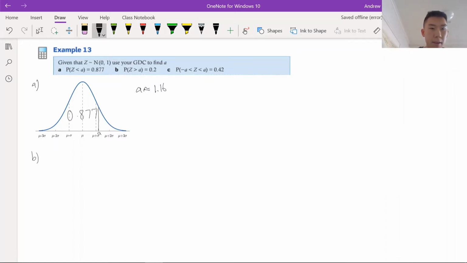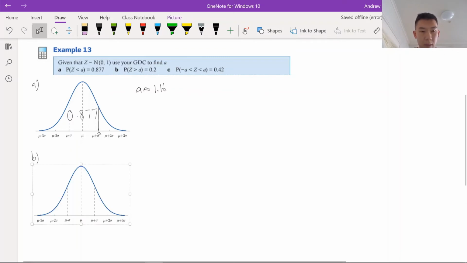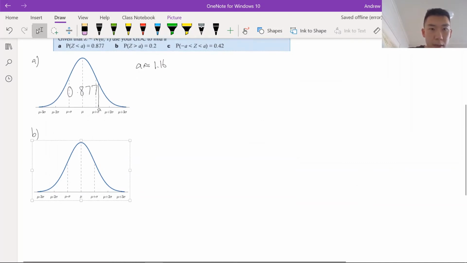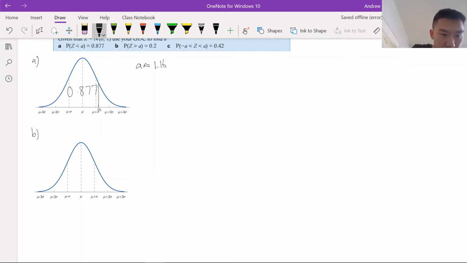Okay, so B, we want the probability that Z greater than A is 0.2. So if the area greater than A is 0.2, then A has to be, well, this time, let's just say A is here.